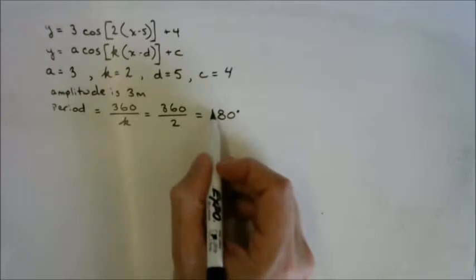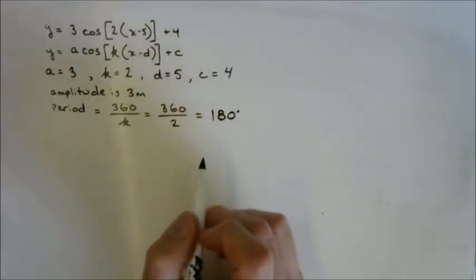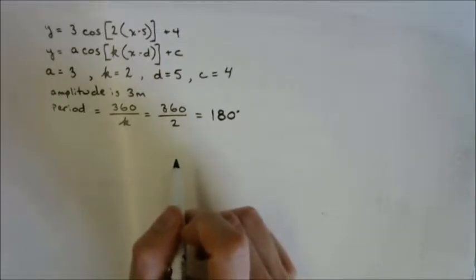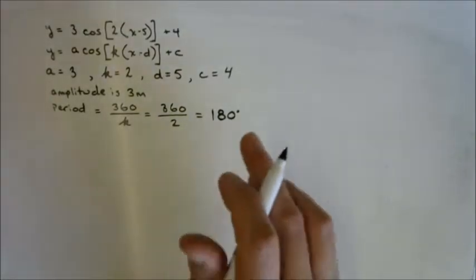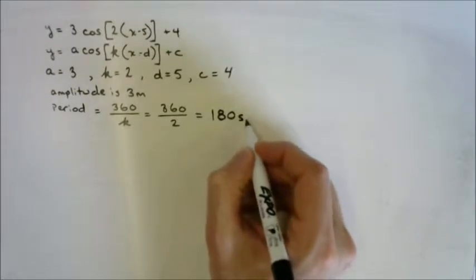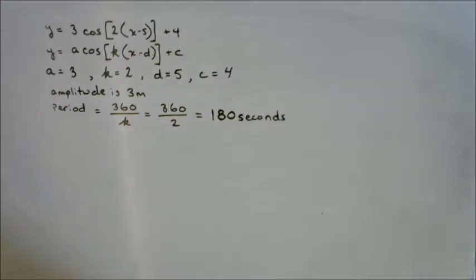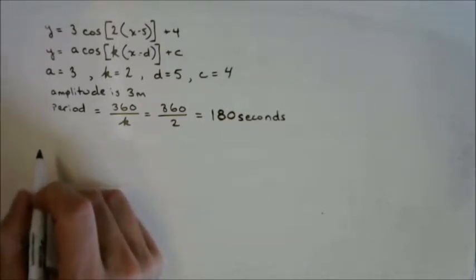So the period length is 180. That means it's going to complete 2 cycles over 360 degrees. And actually, we're not talking about degrees at all, are we? We're talking about time measured in seconds. So the period length is 180 seconds, which is how long in minutes? 3 minutes. Excellent.